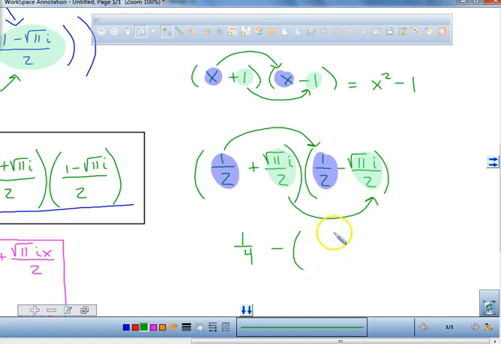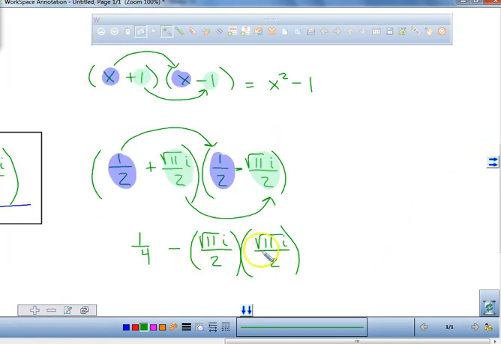I'm going to set them up right next to each other. How do you multiply an 11i over 2 times a radical 11i over 2? Now you're like, Mr. Moody forgot a negative. Basically, a positive times a negative is going to stay a negative, so I just left the negative in. All right, we're going to be multiplying these together.